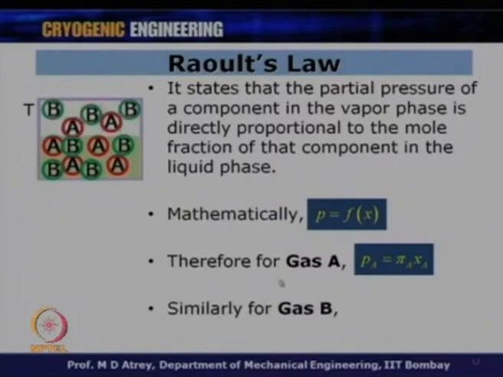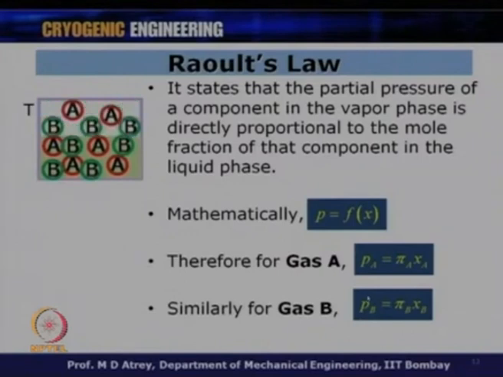Similarly, if I apply the same rule for gas B, I will get the partial pressure exerted by vapor component B on this mixture of A and B, related to XB, and the corresponding value of π will be πB, the vapor pressure of gas B at temperature T. This is a very important relationship between XA and PA, and XB and PB.